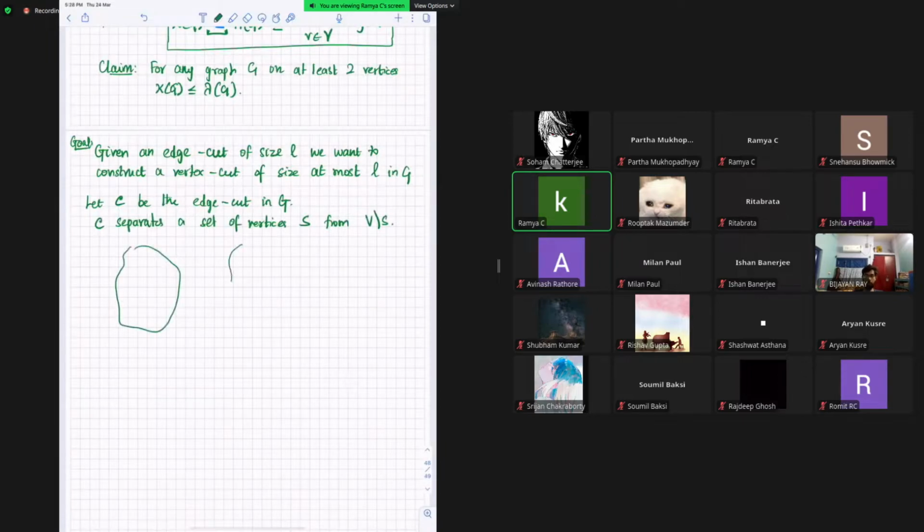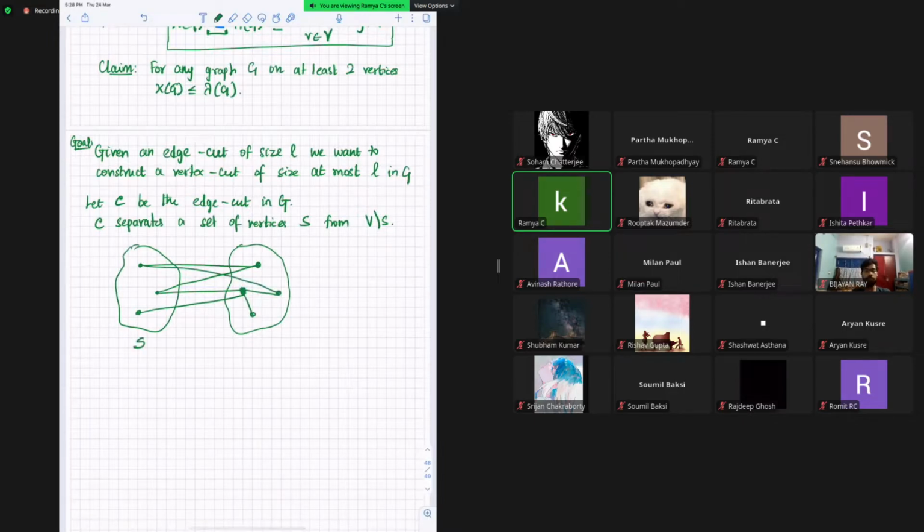There is this graph and there are some vertices here, and there are edges running across these. There may also be edges here. Just put some edges here and so on.